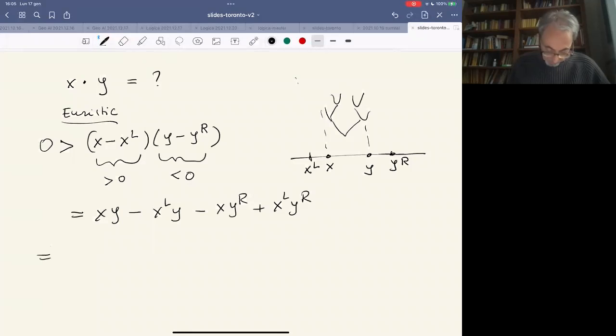So that means that xy, you take this to the other side, should be smaller than this guy.